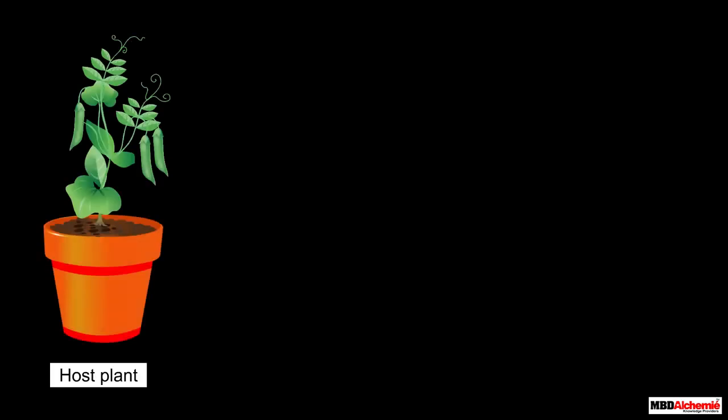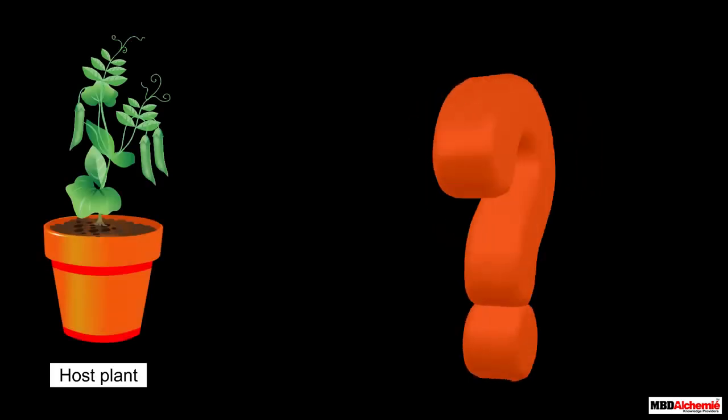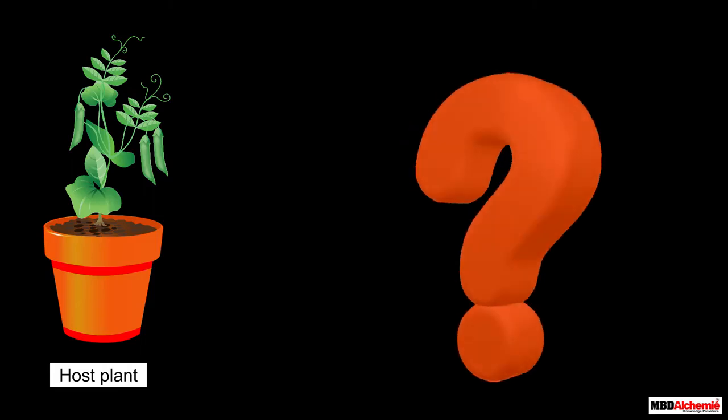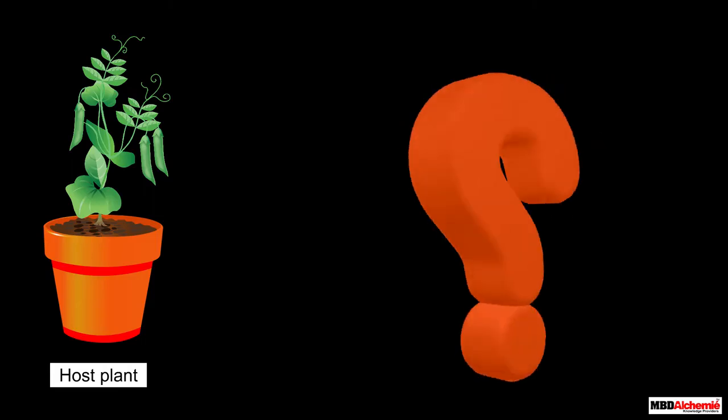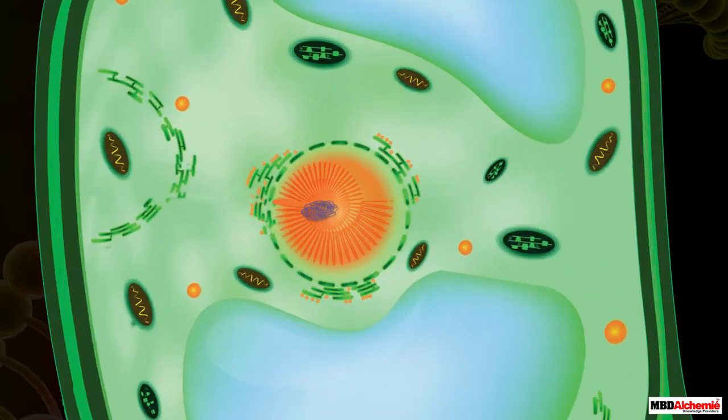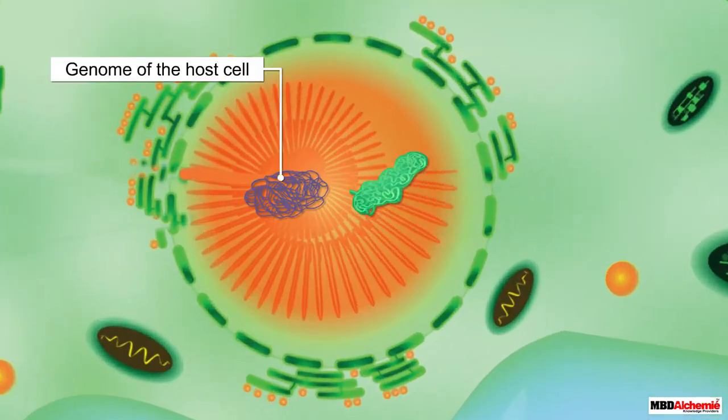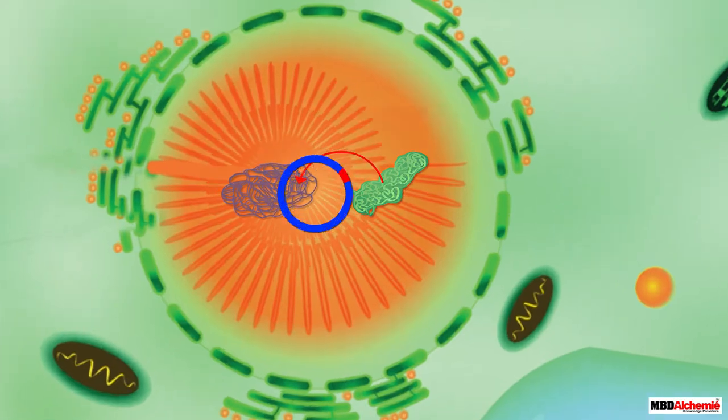You must be wondering what happens to the recombinant DNA introduced in the host organism. It cannot multiply itself until it becomes a part of the genome of the host cell. Hence, for the multiplication of any alien piece of DNA in an organism, it should be a part of the chromosomes, which has a specific sequence known as the origin of replication.